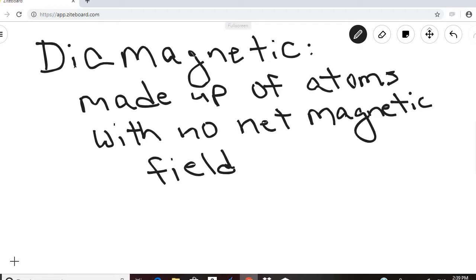And we'll see that that is not true in other cases. So diamagnetic substances are made up of atoms that have no net magnetic field.